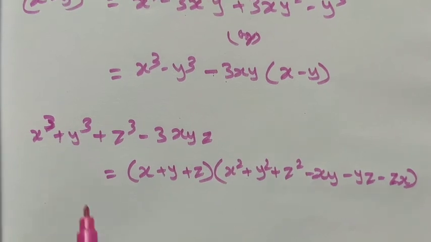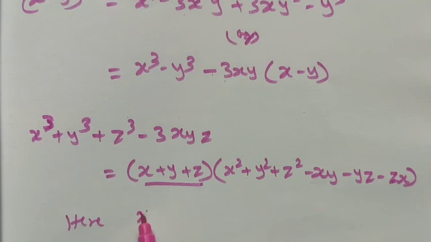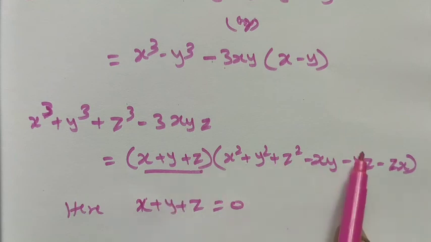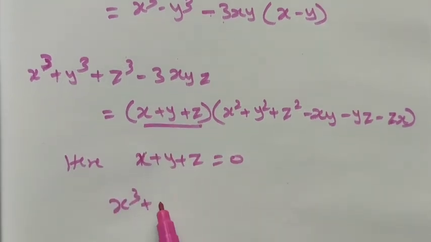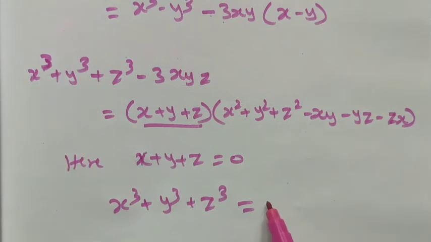This is the formula for x cube plus y cube plus z cube. Here, if x plus y plus z equals 0, the whole term becomes 0, right? 0 into any number becomes 0. Here we have the form x cube plus y cube plus z cube equal to, I take this minus 3xyz to the other side, and we get 3xyz.